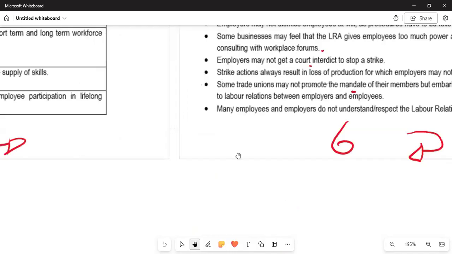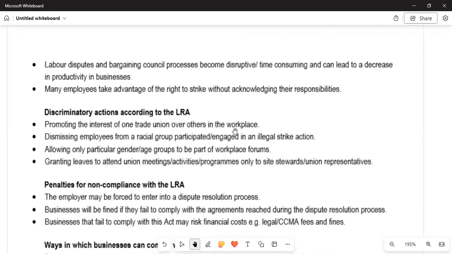We are saying that labor disputes are time consuming, and they can lead to a decrease in productivity or discriminatory actions according to the LRA. The Labour Relations Act may promote the interests of one trade union over the others in the workplace.